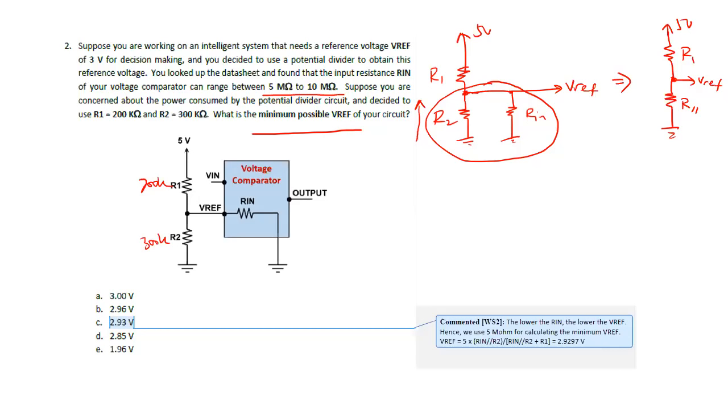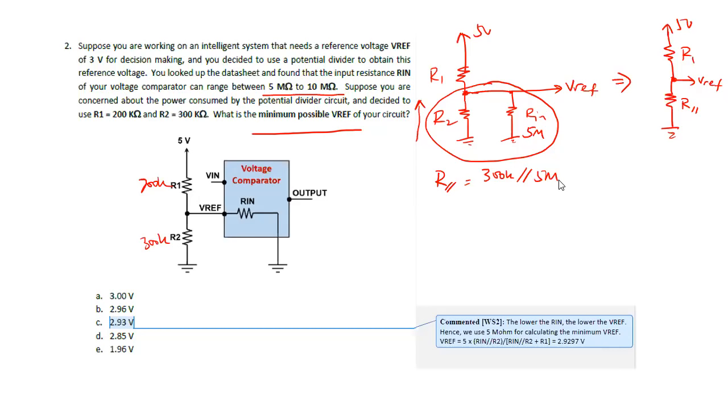So the R parallel in this case would be 300K parallel with 5 mega ohm. If you remember, for two parallel resistors, it is R2 times R in divided by R2 plus R in. That is your parallel formula, and that would give you a resistance of 283K.